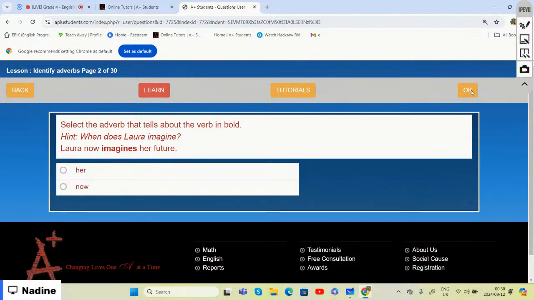Let's look at the next one. Here they're giving us a hint. When does Laura imagine? It says Laura now imagines her future. So when does Laura imagine? Is it option 1, her, or option 2, now? Which one is correct?